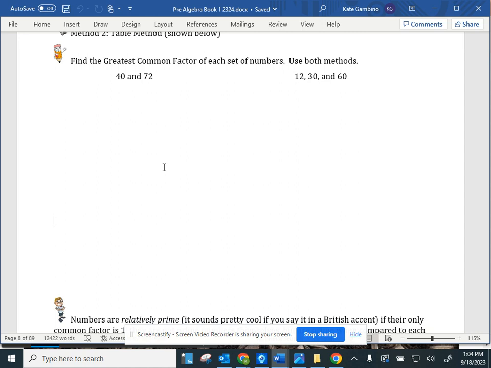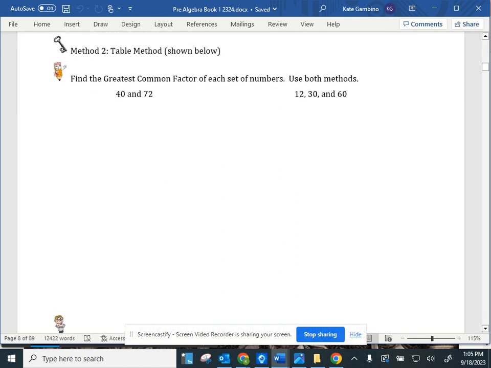So, greatest common factor for 36 and 120, I'm going to show you how to do this. I'm going to use this space right here. Okay, so if we have these two numbers and we want to find the greatest common factor, I have 36 and 120.